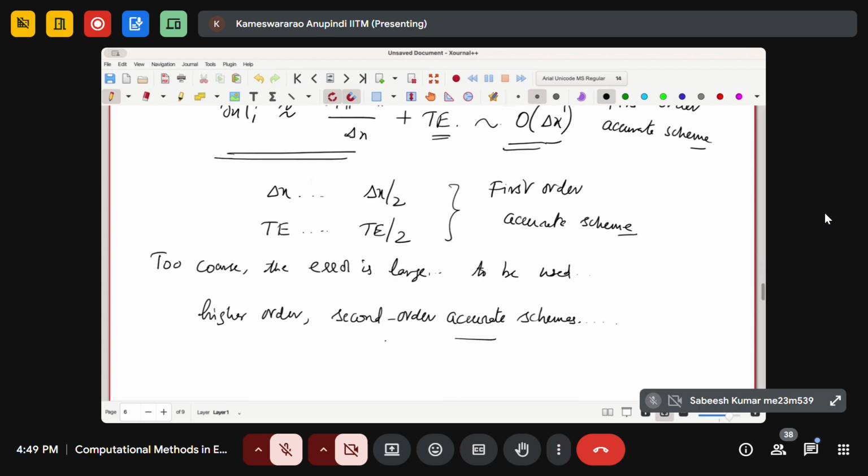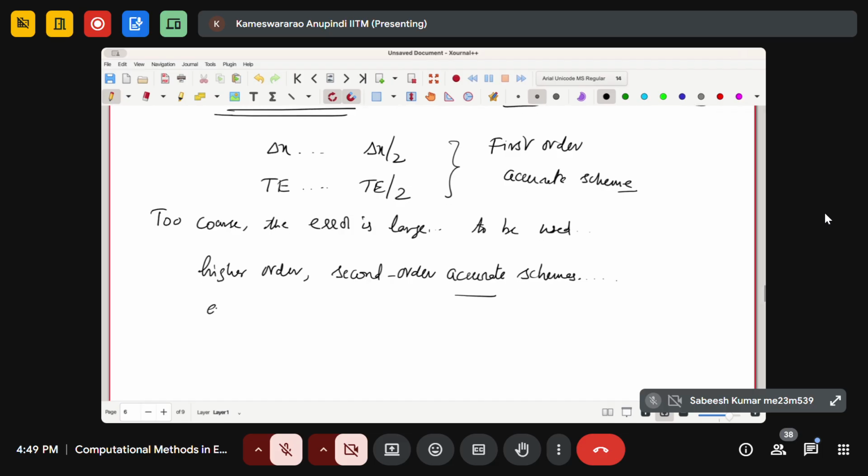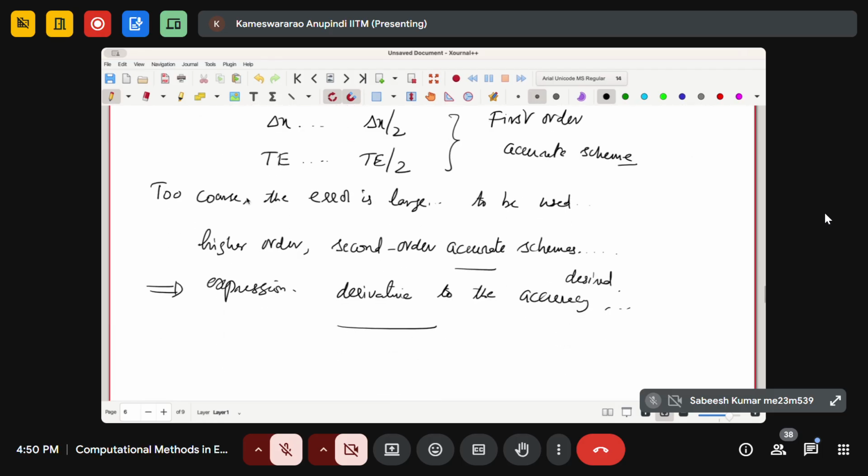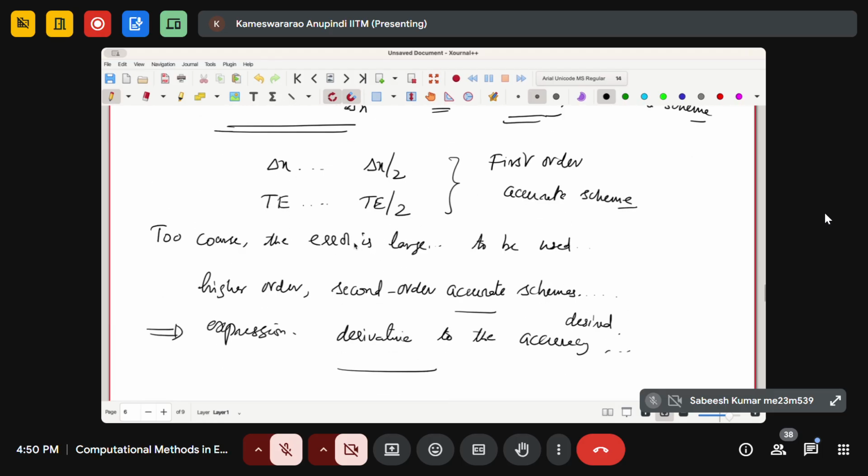We need to come up with a particular method in which we can derive an expression for any given derivative, to the desired accuracy, so that we can always express whatever derivative we want in terms of the neighboring values of the function, u i plus 1 and so on. That is what is going to come next.